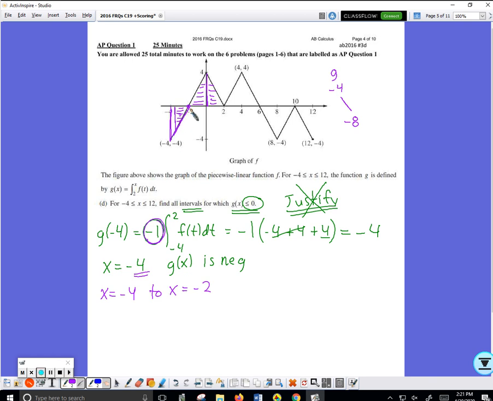Then, when I start integrating at -2, g prime is now positive. So g prime is positive, so g is going up all the way until I get to 6. So g is now going up.